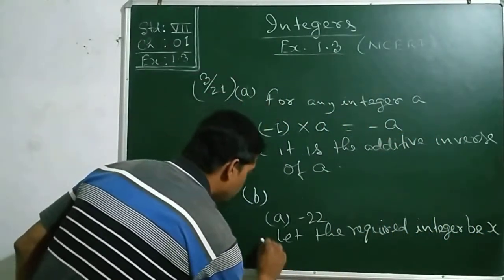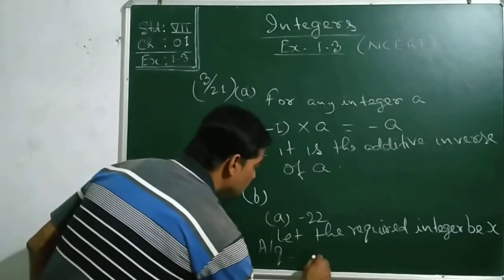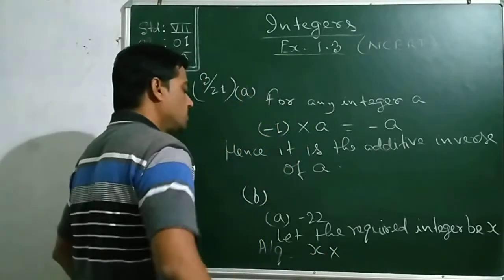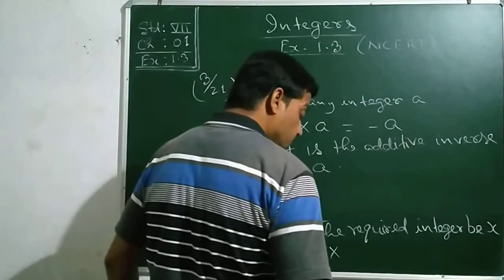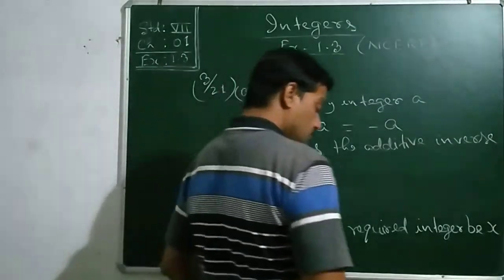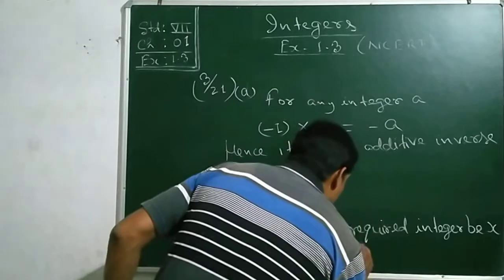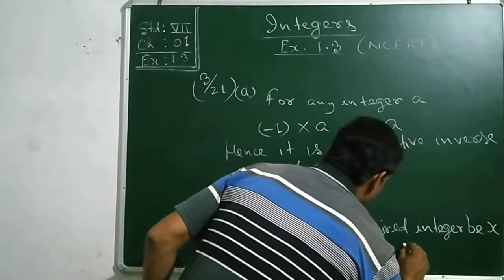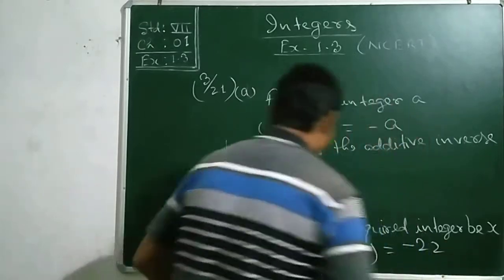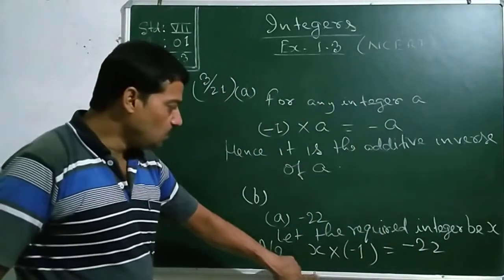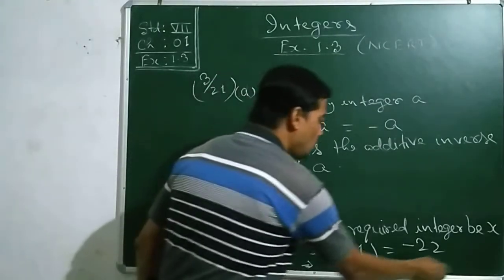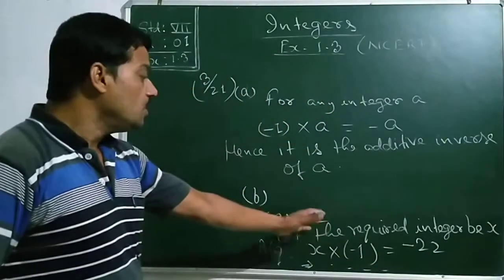Then according to the question, x into minus 1 equals minus 22. Find out the value of x in the next steps yourself.